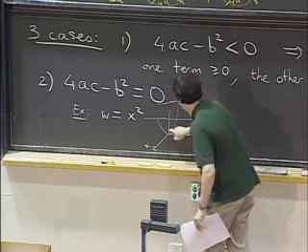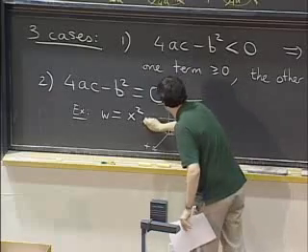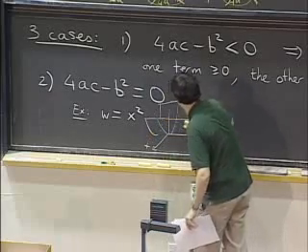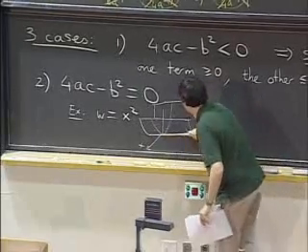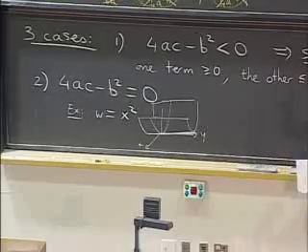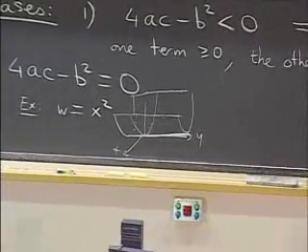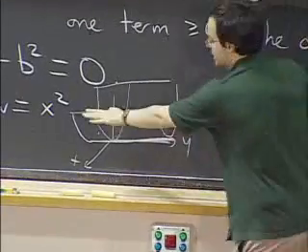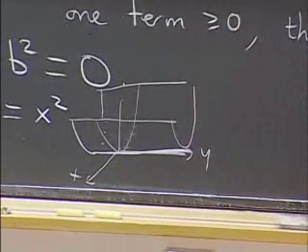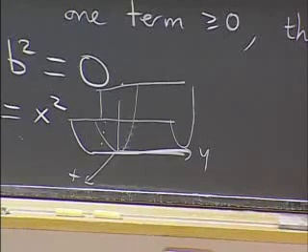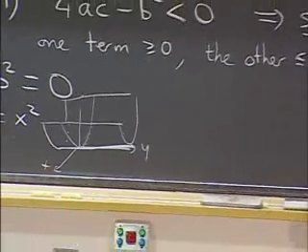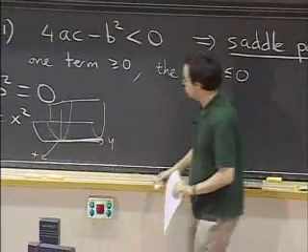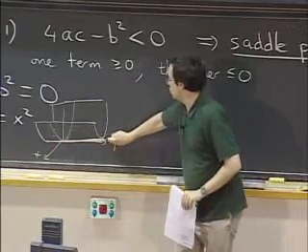So what the graph looks like is something like that. Okay, basically it's a valley whose bottom is completely flat. So that means we have a degenerate critical point. It's called degenerate because there's a direction in which nothing happens, and in fact you have critical points everywhere along the y-axis.